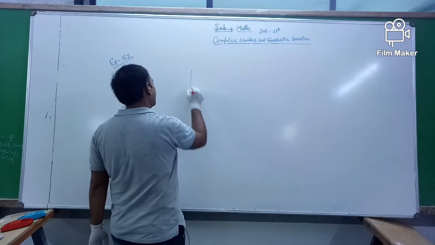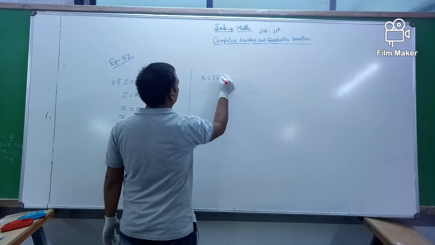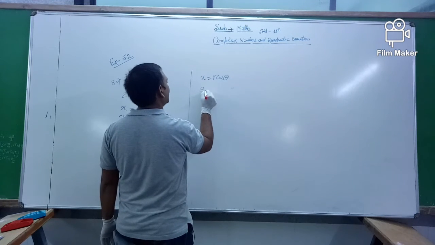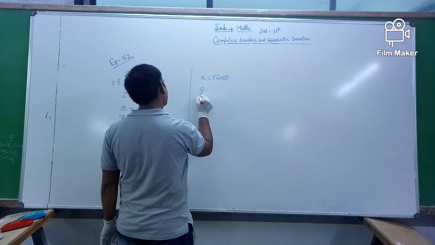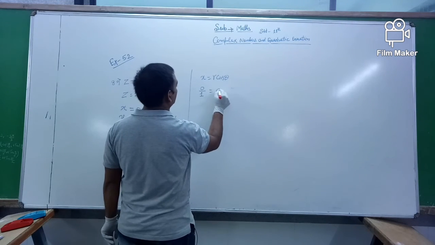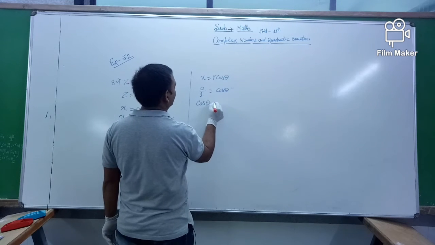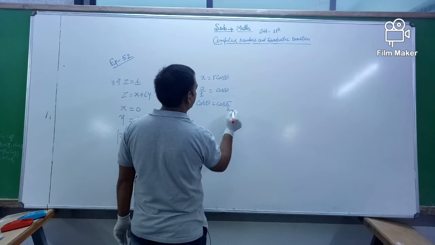After that, x is equal to r cos theta. So x is 0, and r is equal to 1, so 0 is equal to cos theta. So cos theta is equal to cos pi by 2.